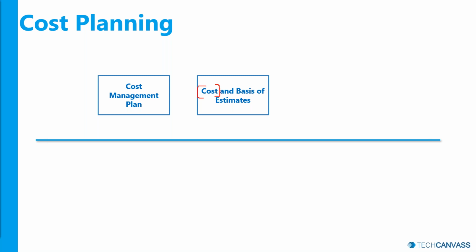You would estimate every individual activity in the project, sum them up, and then finally come up with a document called cost estimates. And you also need to document something called basis of estimates, like what was the underlying basis on which you came up with the estimates. Did you have assumptions, or did you use certain techniques, or did you compare with an earlier activity in a different project? That needs to be documented as well. That is called basis of estimates.